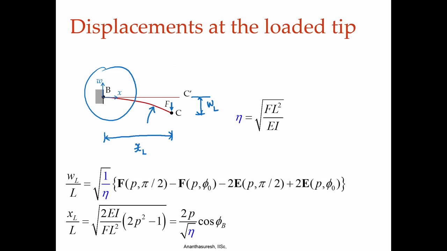So, here we indicated this in non-dimensional form: W L by L equals something which depends on this non-dimensional factor eta, which is the square root of F L square by E I, where you know all the quantities. F is the force, L is the length of the beam.